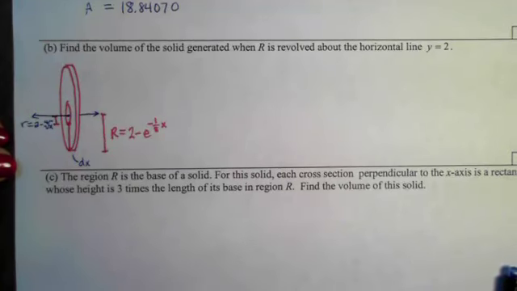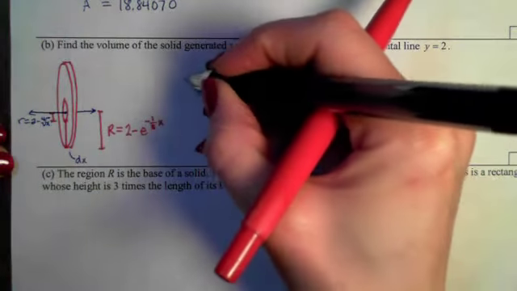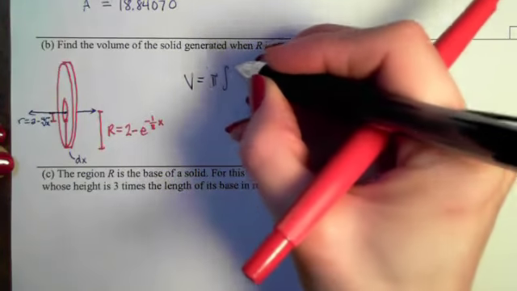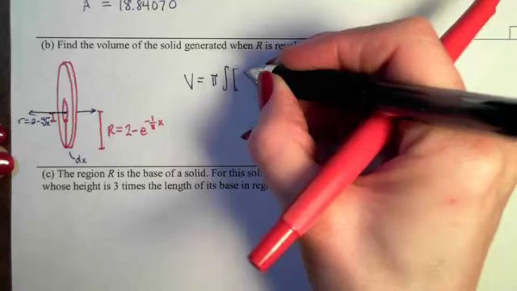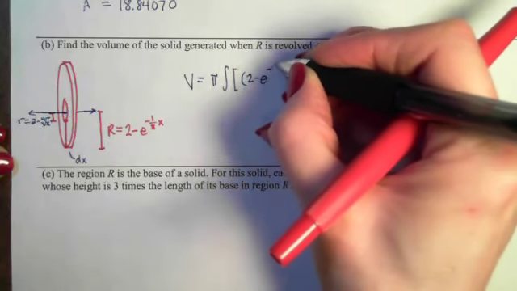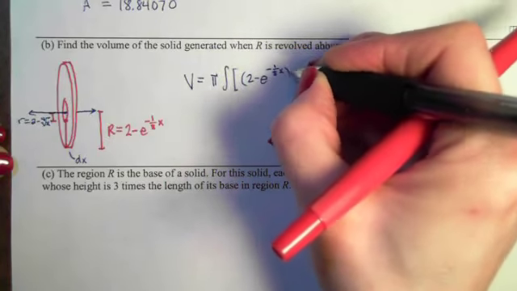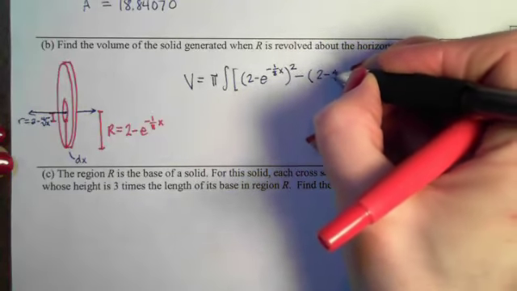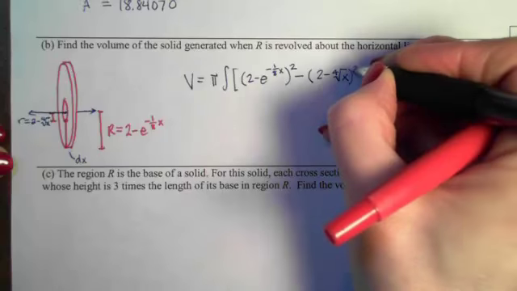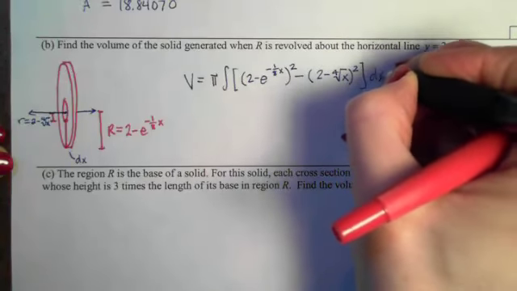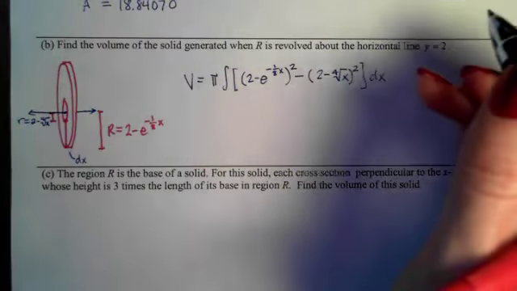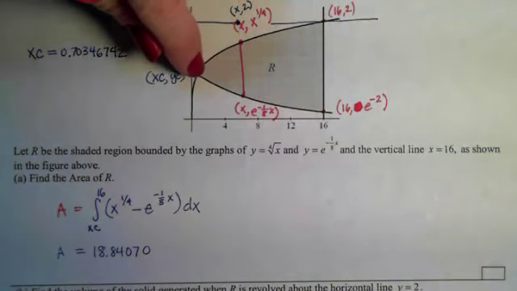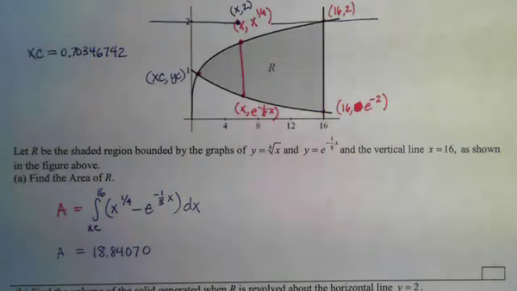So if I set up my integral now, my volume will be pi times the integral of my big radius squared minus my little radius squared times the thickness dx, and again my limits are going to come from dragging that strip as far left and as far right as possible in the region.